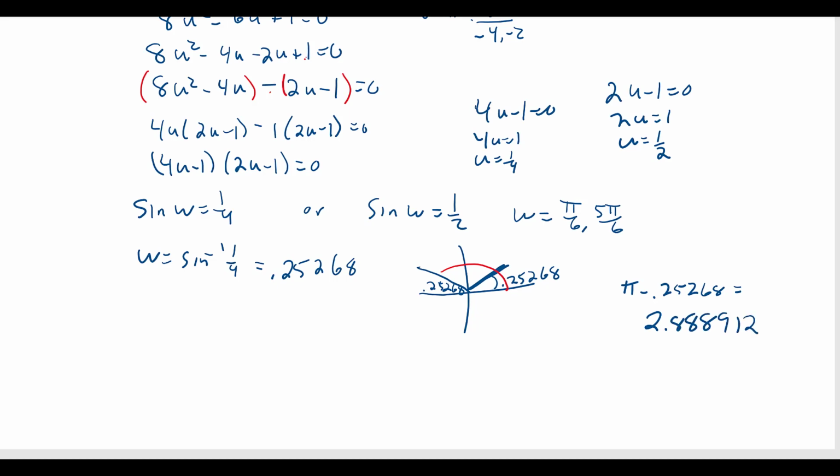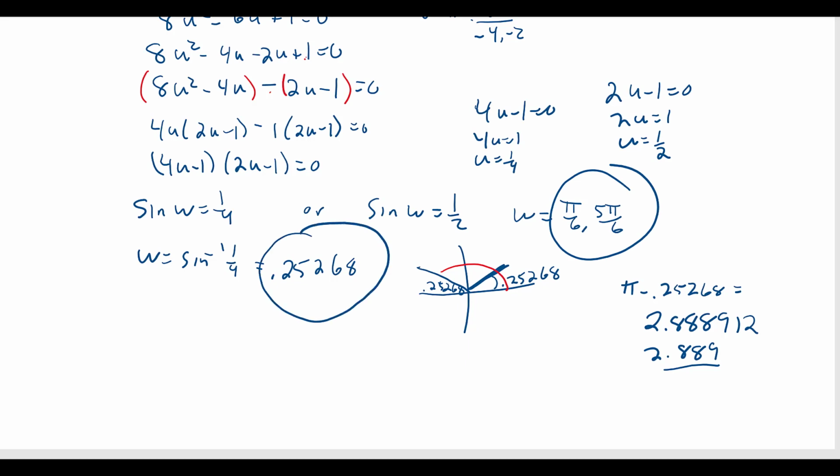If you go to 3 places, it's going to be 2.889. So our 4 solutions are pi over 6, 5 pi over 6, 0.253, and 2.889. That's it.